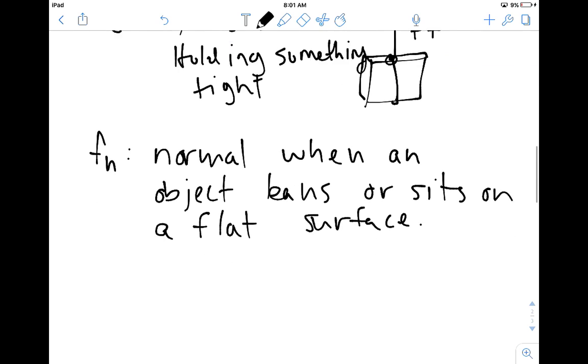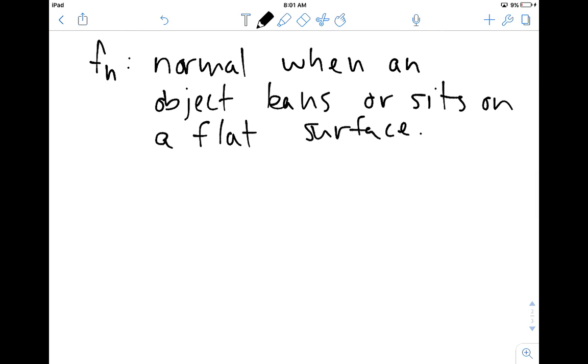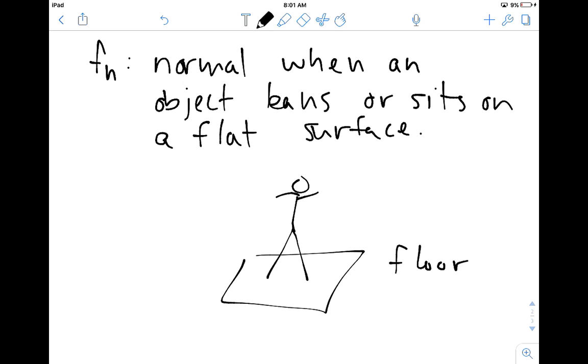The best way to think of this is when you stand on the floor. If you've got the floor with a person on it, the floor exerts Fn, or normal force. It pushes you up. That's what keeps you from falling down. We'll see some more examples of that today.